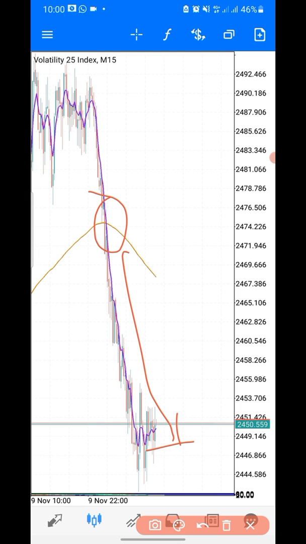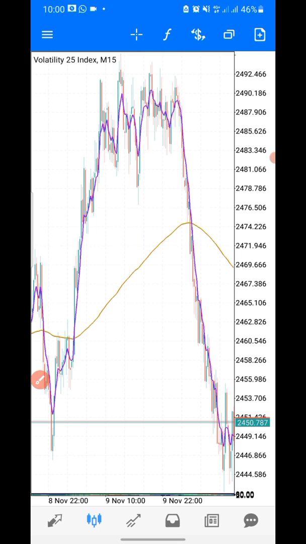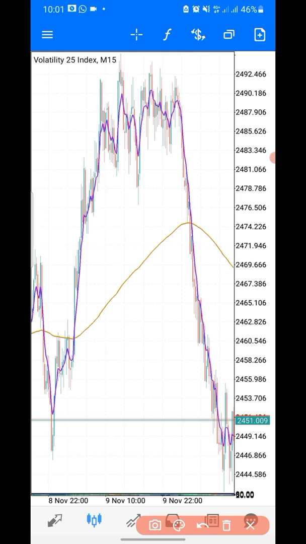Remember how to determine our stop loss: by using the closest high or the closest structure. Now this happens to be the closest structure here, but I also see here.